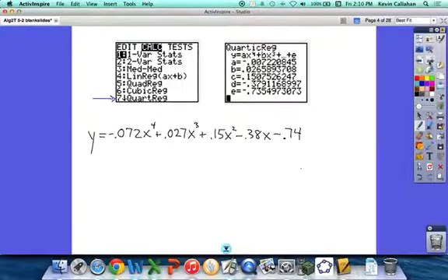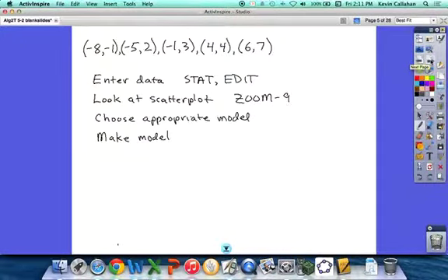Okay, try this one. Try to do the same thing with that one. Enter the data, stat edit, look at the scatter plot, and if you already turned on the plot, all you have to do is zoom 9.